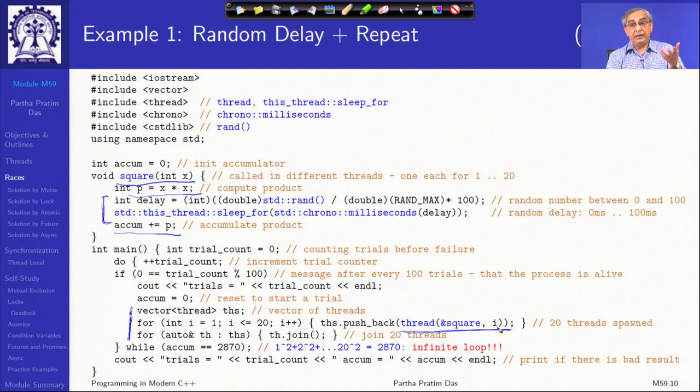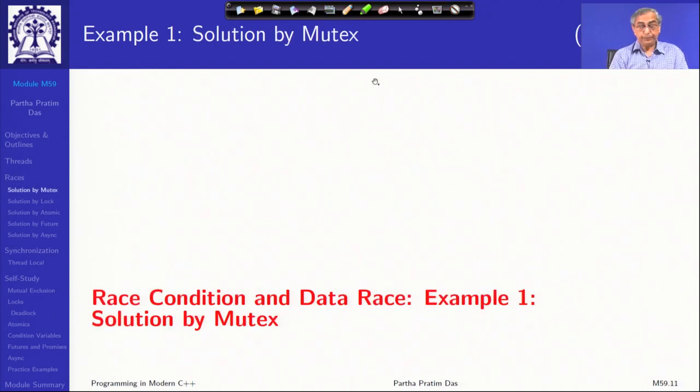As soon as I put them, they start working, and they will get a variable amount of delay amongst them, and then it will accumulate, and this accumulation will be completed when all threads are joined, and we check whether the accumulated result is equal to the desired one. We have seen on several occasions that it fails, but synchronization can help solve that problem.